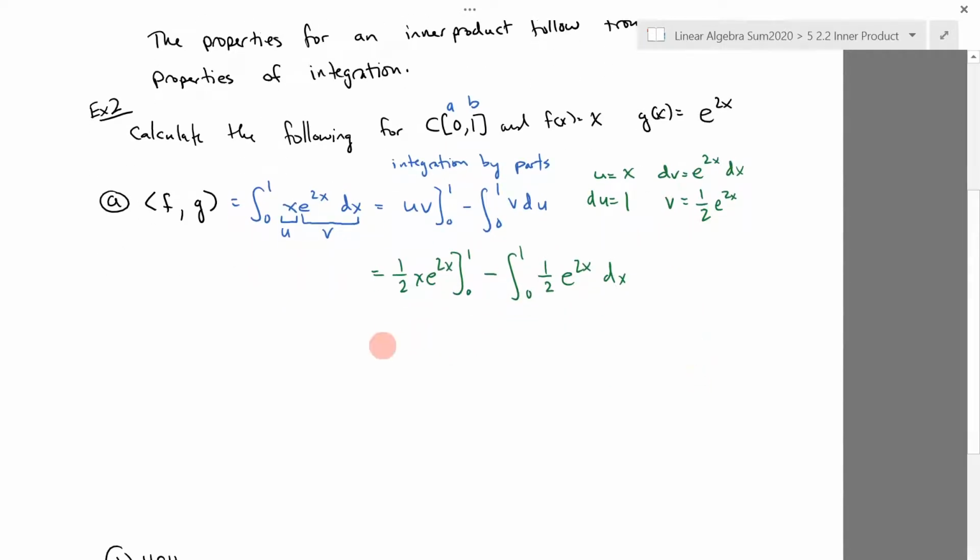Okay, so evaluating over this interval means you plug in the top number for x, and then minus, plug in the bottom number for x. So if I plug in 1 for x, I get 1/2, this is 1, and the exponent here is going to be 2, so 1/2 e squared. Then I subtract, I plug in 0, this x becomes 0, so the whole thing will be 0.